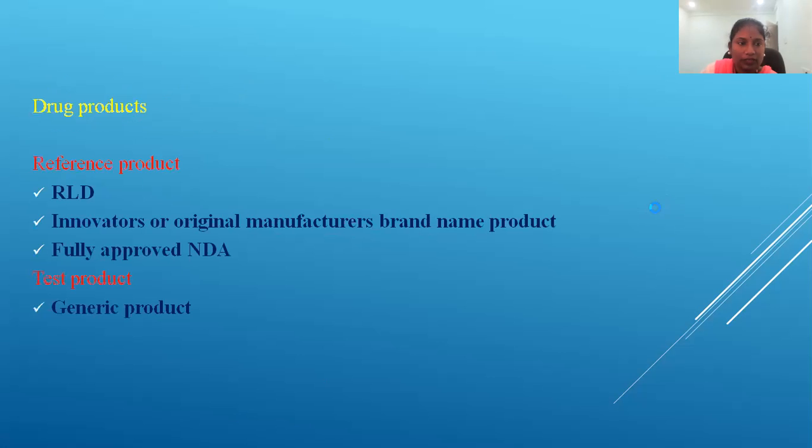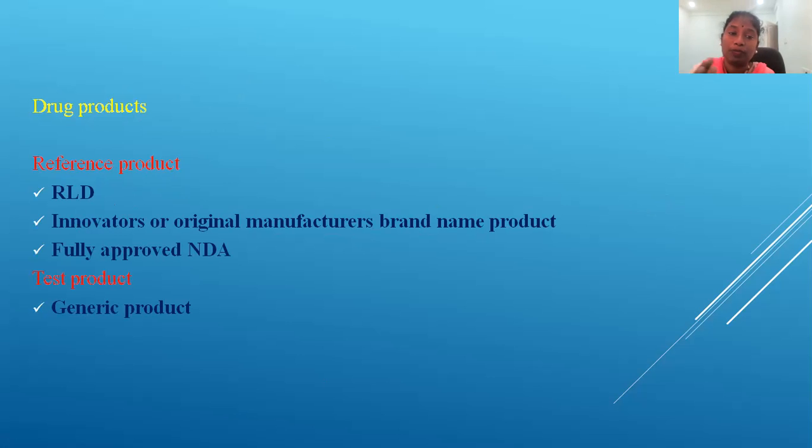Next, drug products. For reference products, we take the reference listed drugs only. Reference listed drugs, as I already told you, are FDA approved drugs that are published in the Orange Book.